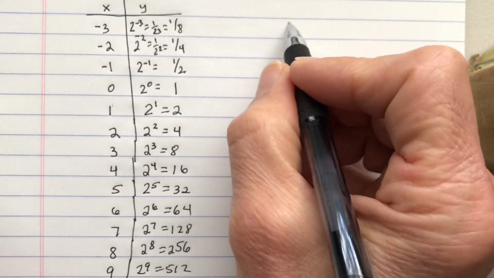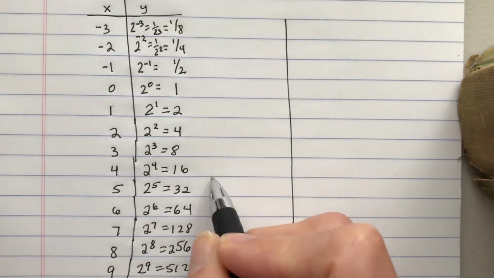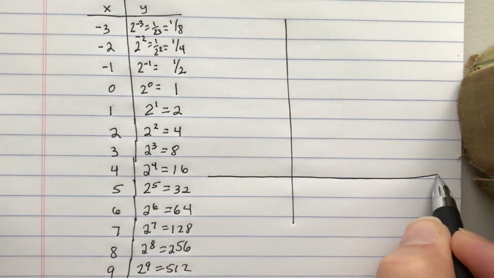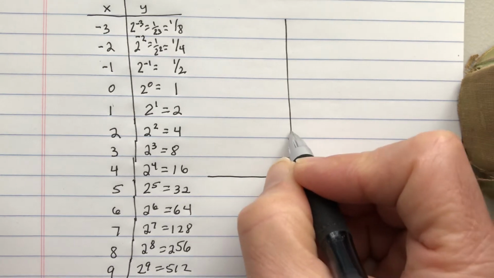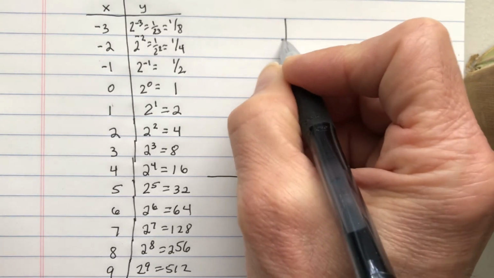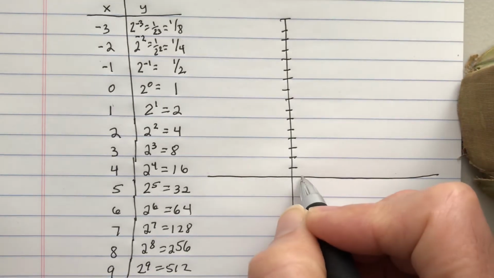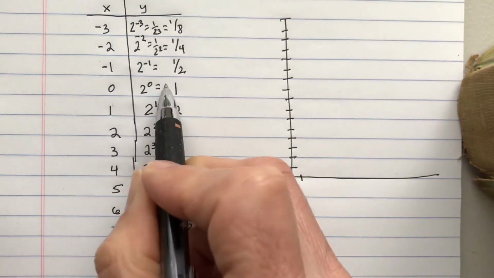Well, shall I just put them over here, maybe? Let's put the graph here. Could use graph paper. It might be a lot better. Okay, I have 16 lines there. So we start off with, I'm going to write 2 to the 0 is 1.